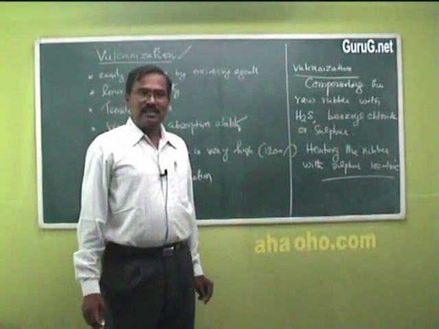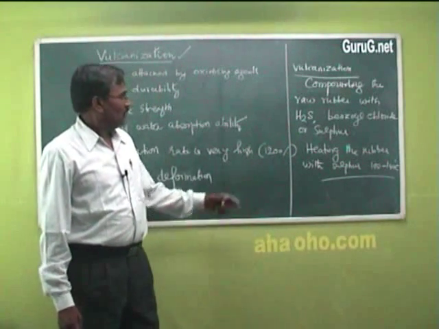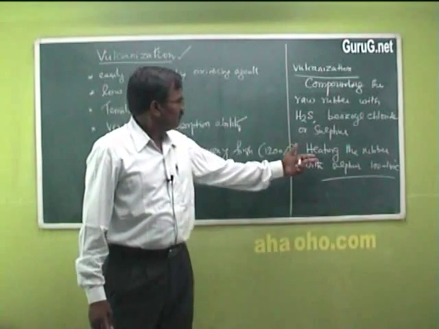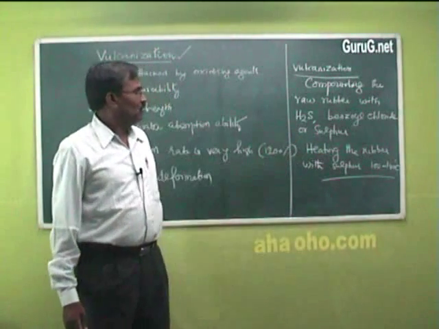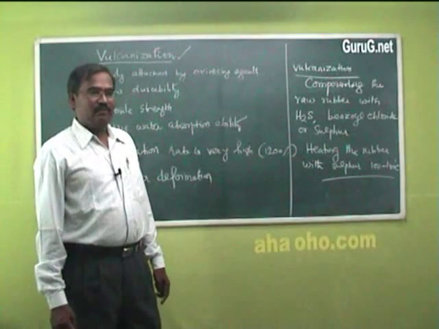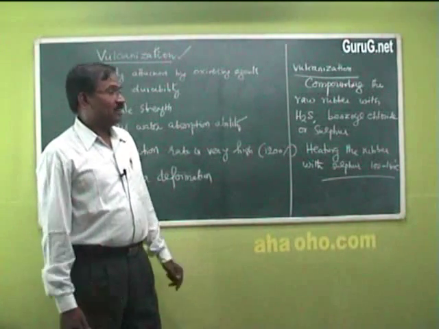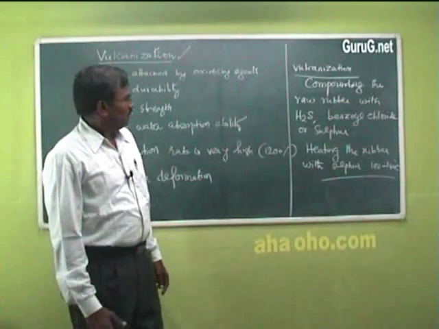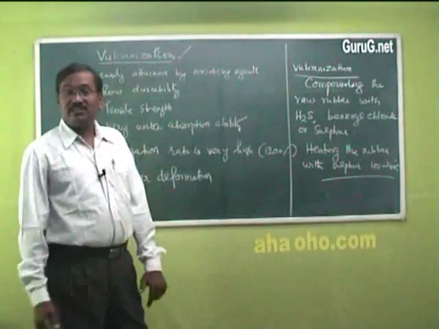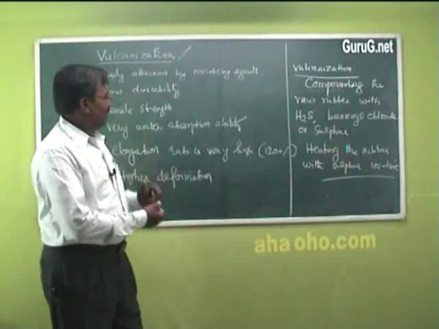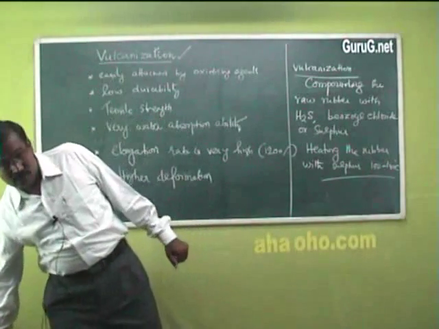Mainly we are using sulfur as a vulcanizing agent. Here the sulfur is heated with rubber at 100 to 140 degrees Celsius, and we get the rubber with desired characteristic properties. You may be wondering how this sulfur gives all these better characteristic properties. Now let us see that with the mechanism.